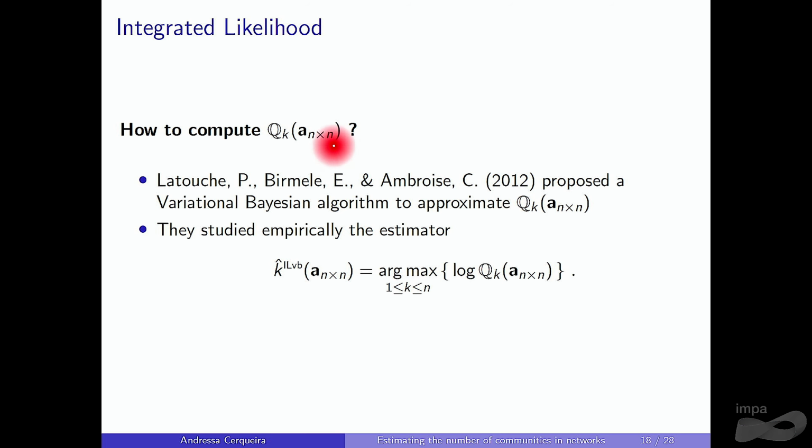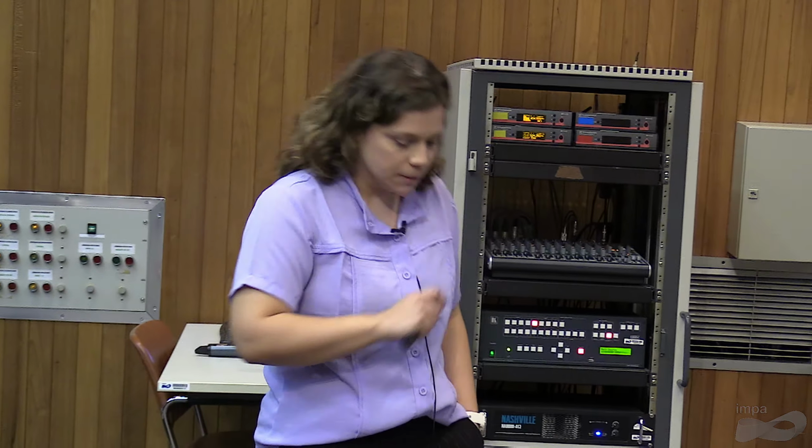So in this work, they propose this algorithm, and they also propose this estimator here. It's the integrated likelihood variational Bayes, that's just the maximum of this quantity. So it's different from what I'm proposing because I have the penalty term, right? And for this, they just studied it through simulations. There are no results about this estimator. But I'm going to come back to this estimator later. Let's just move on to the estimator that we are proposing.